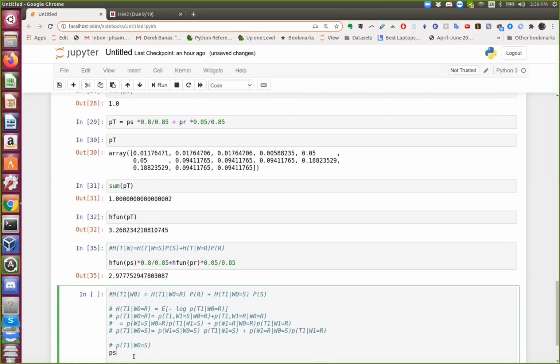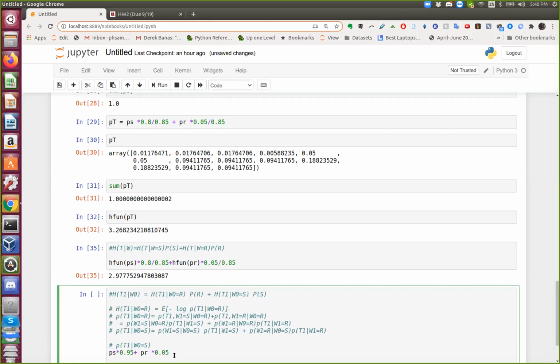Then the probability that W0 is sunny and W1 is sunny is just equal to 0.95, right? And then for this guy here, P(T1 | W1 = Rainy) is just PR times sunny and then rainy, which will be 0.05.